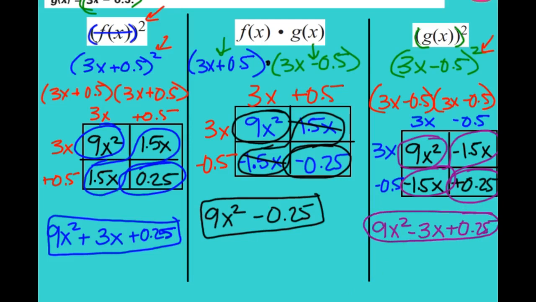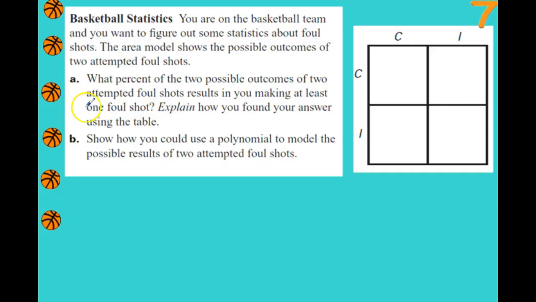Alright, a lot of what we've done today is very similar. We have one question left, also similar to our Punnett square. It's about basketball statistics. It says you are on the basketball team and you want to figure out some statistics about foul shots. The area model, that's what this is called, the area model, showing area like base times height, shows the possible outcomes of 2 attempted foul shots.